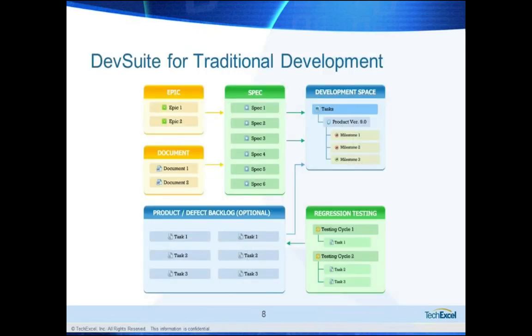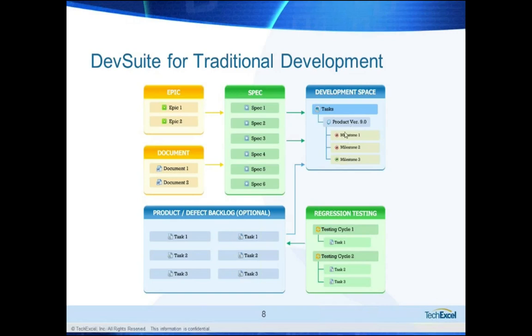DevSuite for traditional development uses a very similar model where requirements are also represented as epics, documents, and specs, and they get assigned to the development space. So a development space representing a version 9.0 release might be broken down into multiple milestones, and requirements are assigned to the milestone, and you do the implementation.